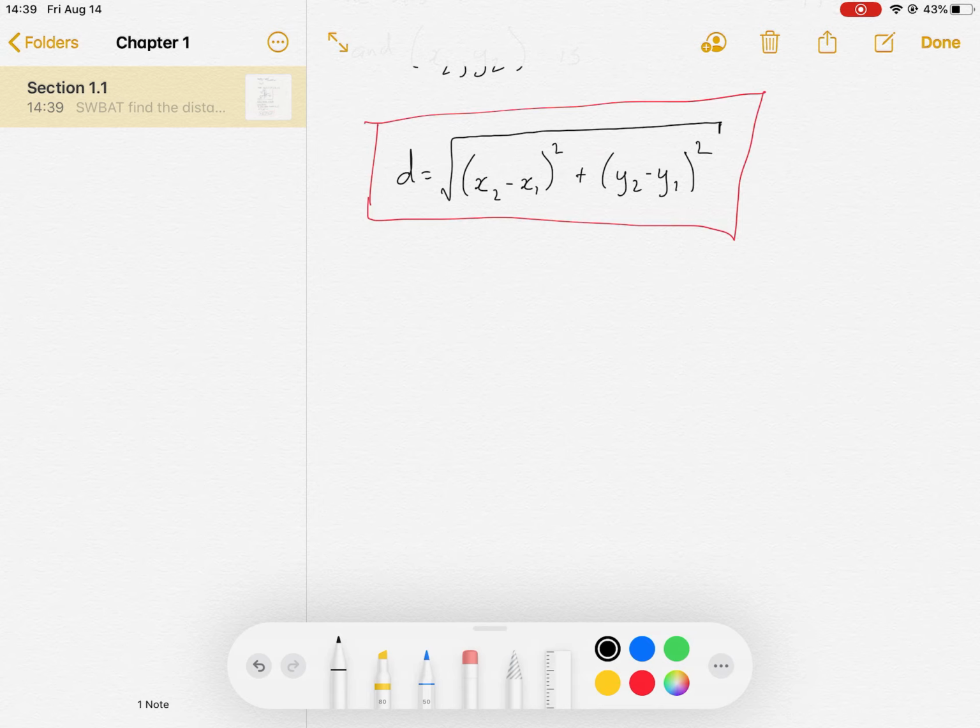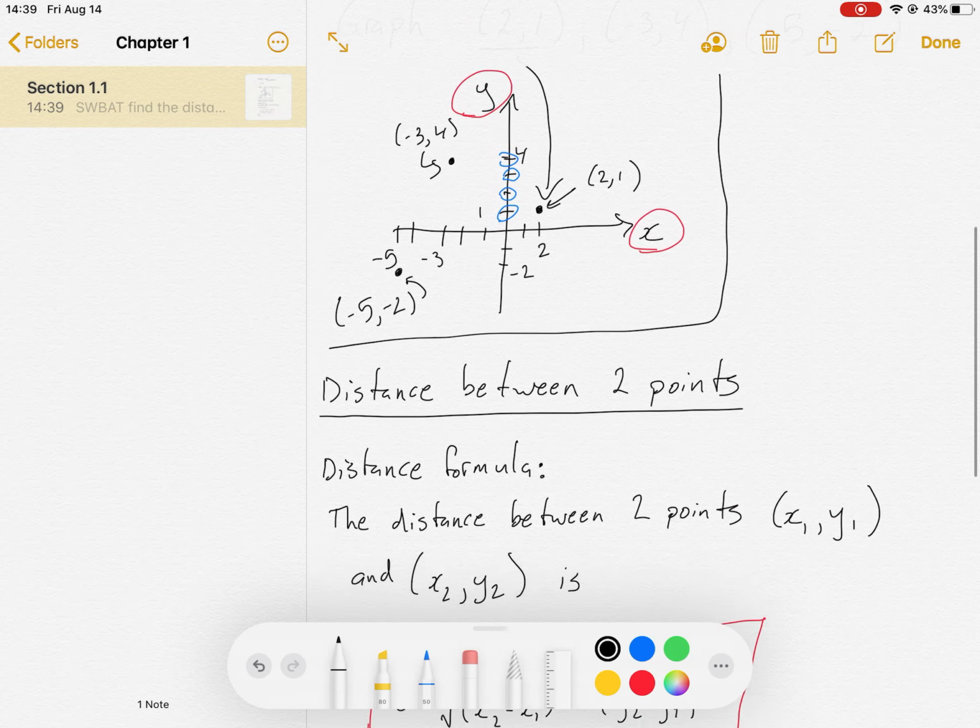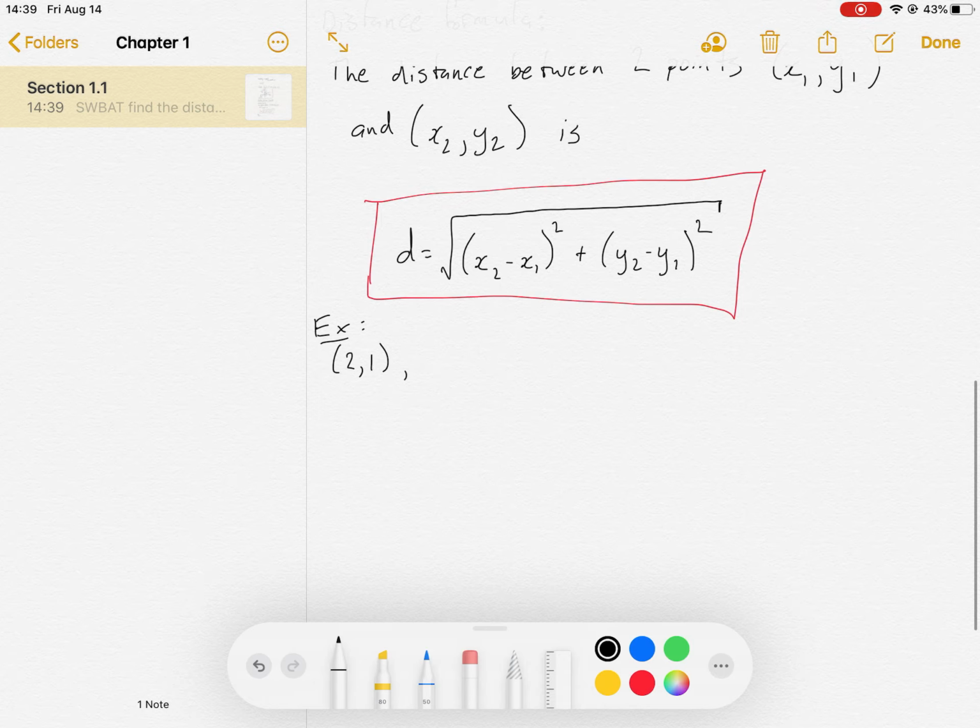Now I did promise I would tell you where this came from, so we're going to go back to that graph we just had, and we're going to use the points 2, 1, so we'll call this example, the point 2, 1 and the point, I've already forgotten, let me check here, we'll do negative 3, 4.